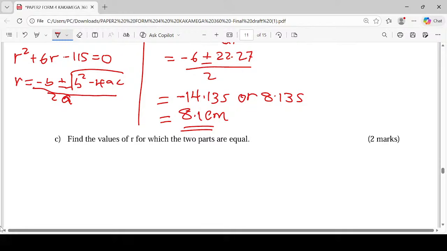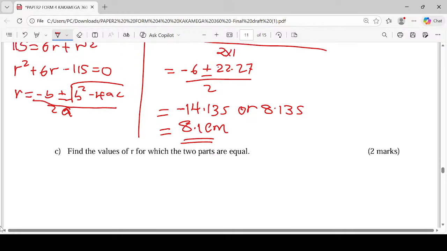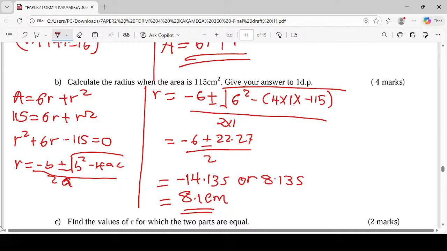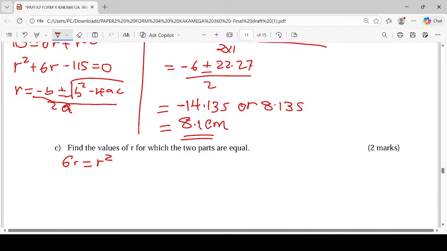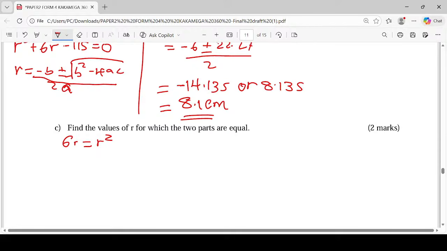Because the two parts are 6R and R squared, that will mean 6R should be equal to R squared. So R squared minus 6R will be equal to 0. Factoring out R, you're going to have R into R minus 6 is equal to 0.